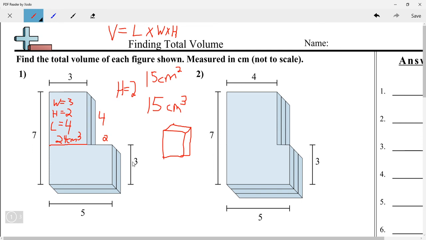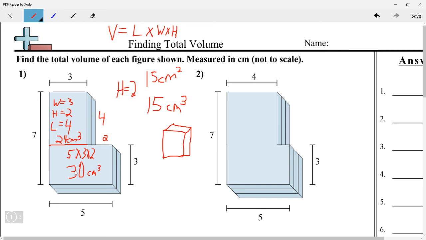The width is 3, and then the height is 2, right? Because the height is 2, we see that there are 2 layers. So 5 times 3 times 2, 2 times 3 is 6, 6 times 5 is 30. So this is 30 centimeters cubed, and now we have to add these up.